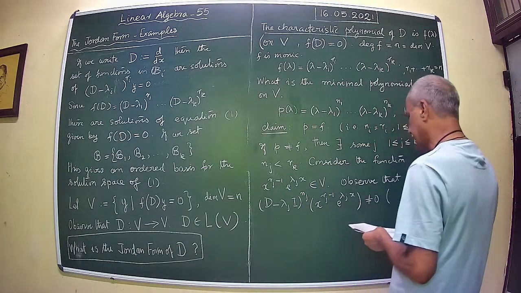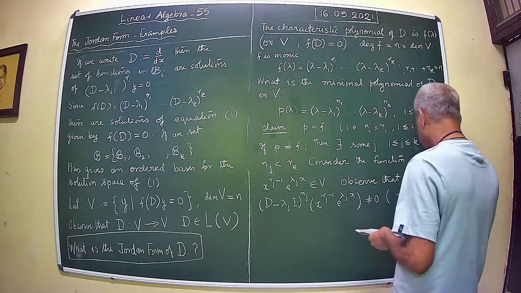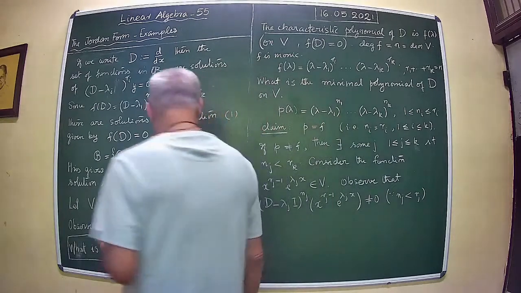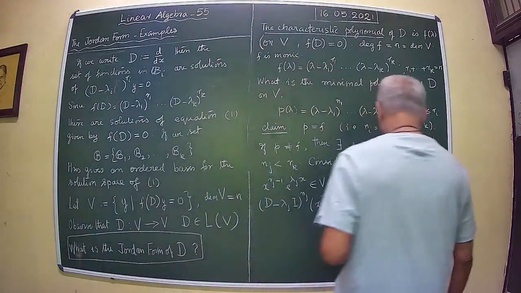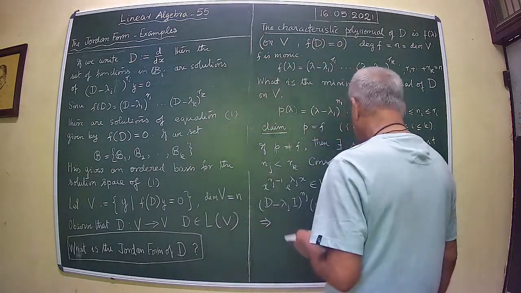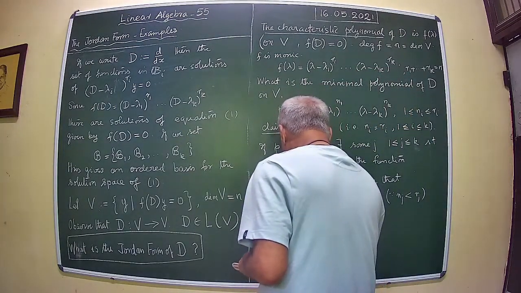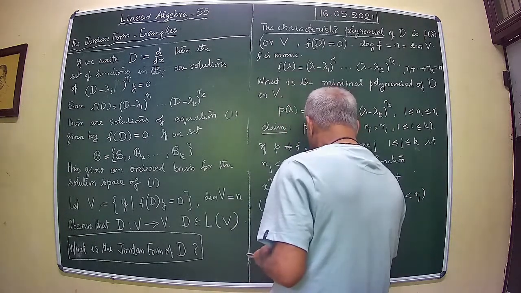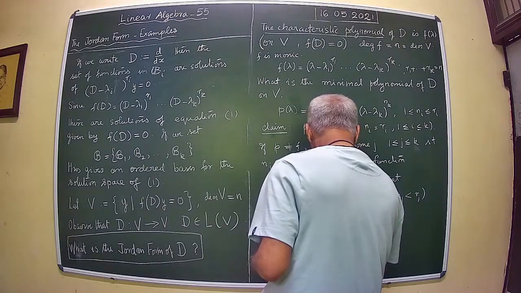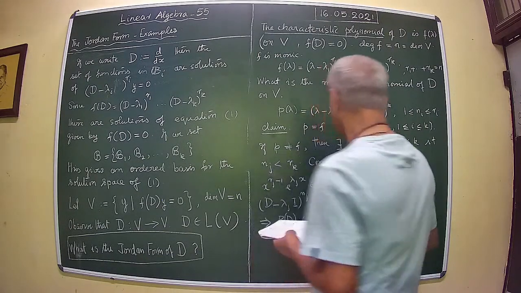Here we use the fact that nj is strictly less than rj. But this is quite easy to work out, and that implies p(D) of this function is not equal to 0.